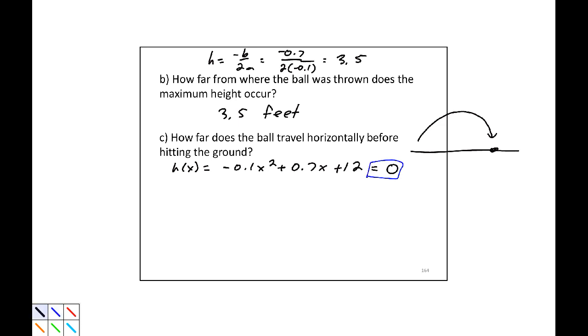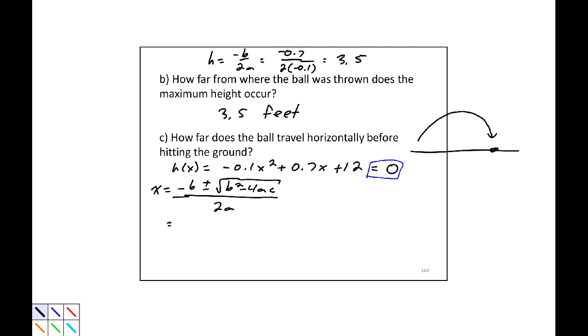We could attempt to factor this. I don't feel like that would be a great plan. So let's use the quadratic formula. x equals negative b plus or minus the square root of b squared minus 4ac, all divided by 2a.